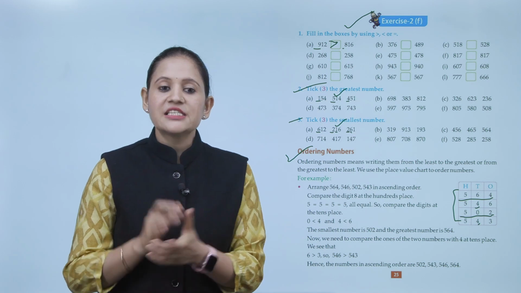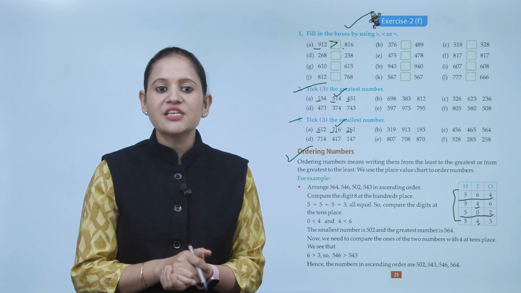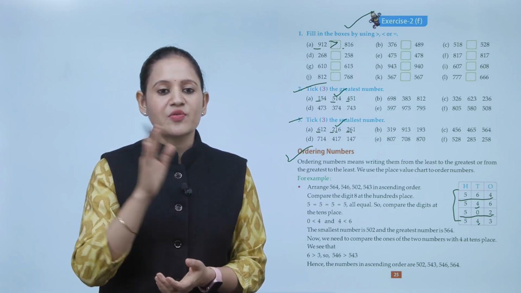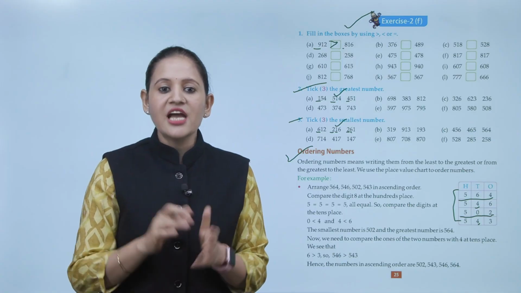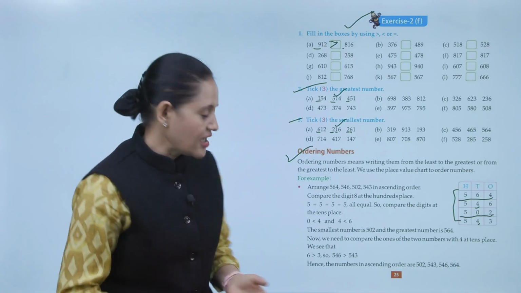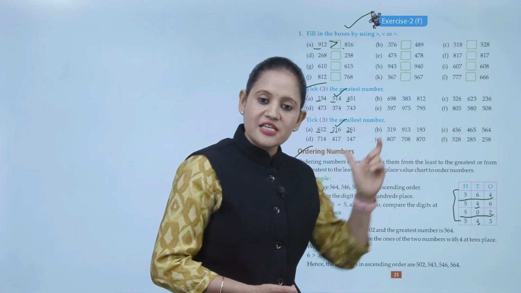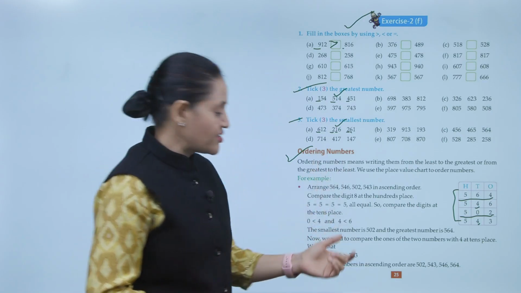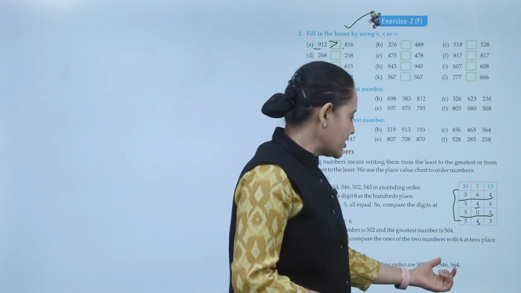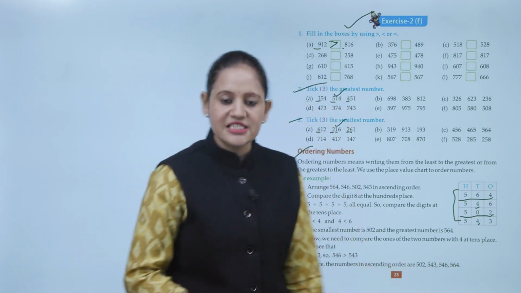So we'll see 6 is greater than 3, so we can say 546 will be greater than 543. Hence the numbers in ascending order कैसे हो जाएगा, ascending order means increasing, start from smallest move to greatest: 502, 543, 546 and 564.